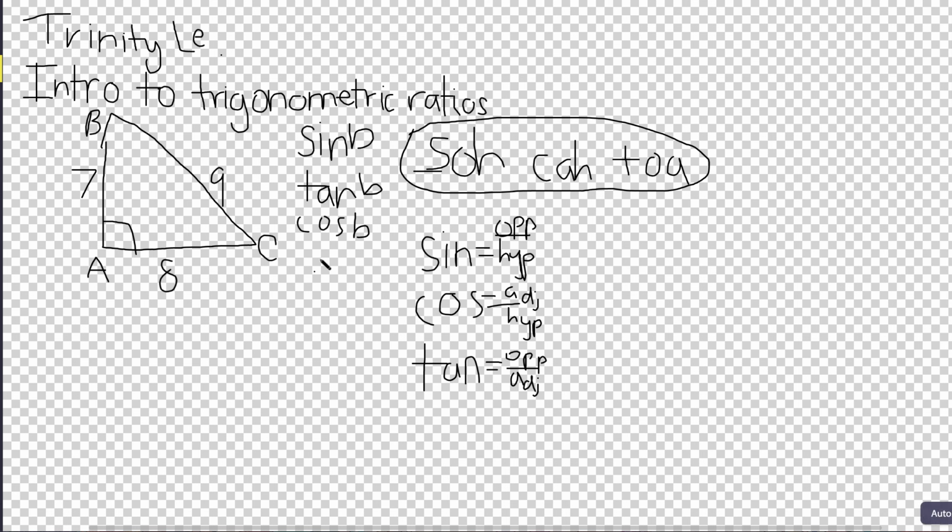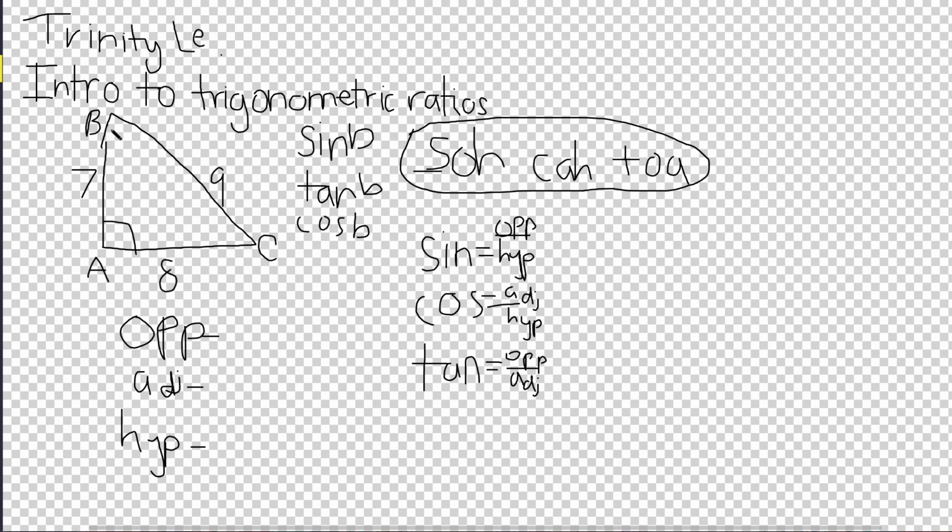So how we find b in this situation, which is right here, we're trying to find out what is the opposite, what is the adjacent, and what is the hypotenuse. So if we're going in order from what I said over here, let's find the opposite first.